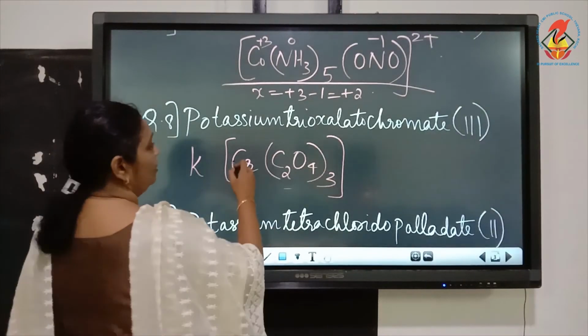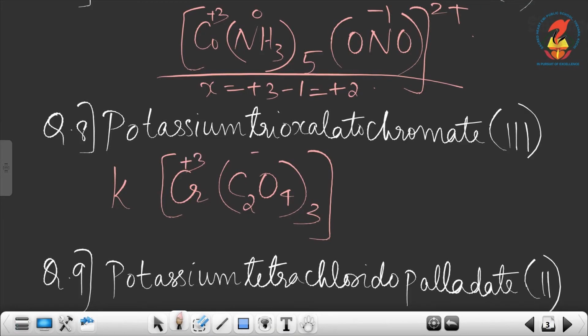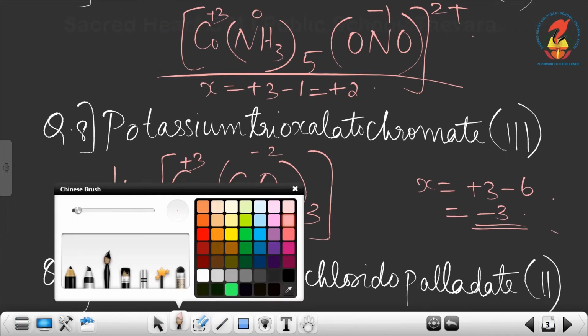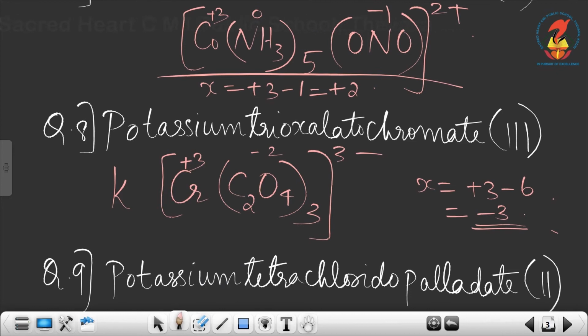For that, chromium oxidation number is +3, oxalate ion is -2. Find out what is X. So X will be equal to +3 -6, which will be equal to -3. So I am going to replace that X as 3-, and you can see it's given as chromate.